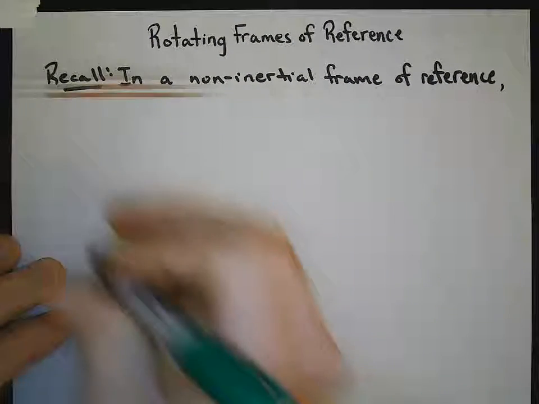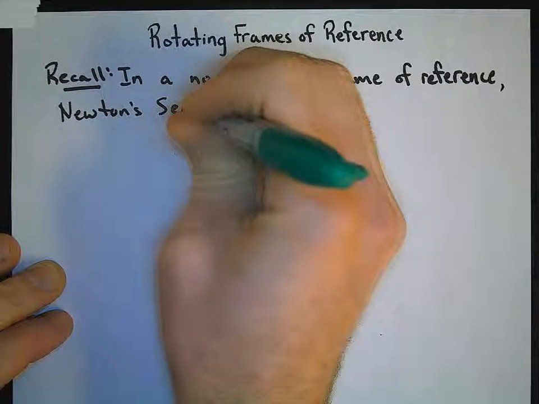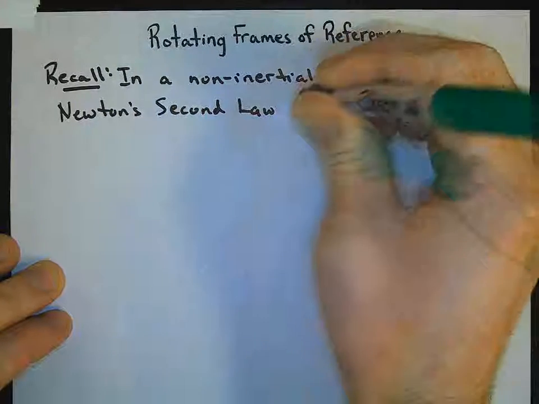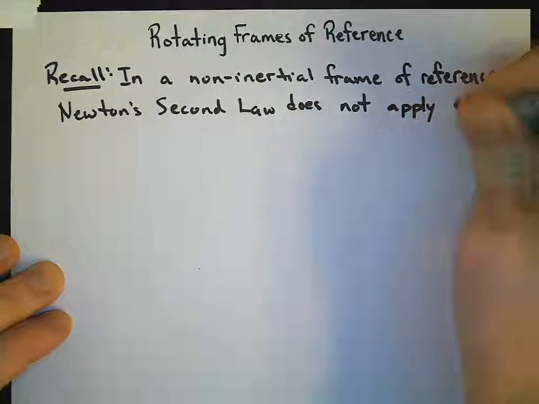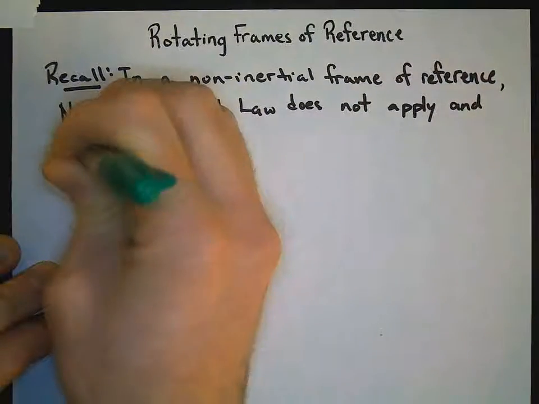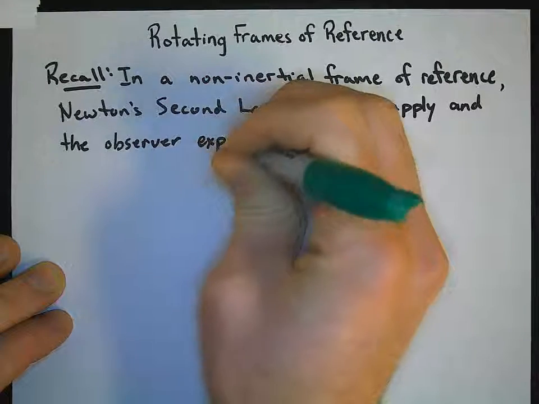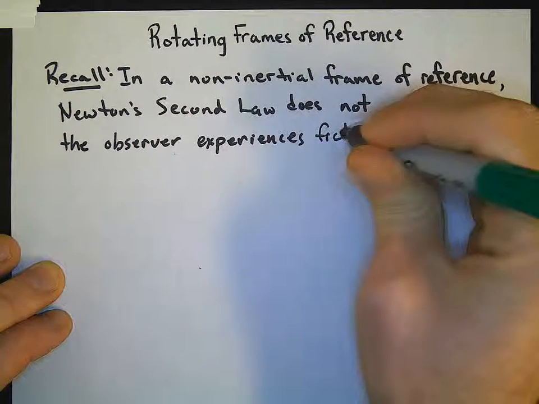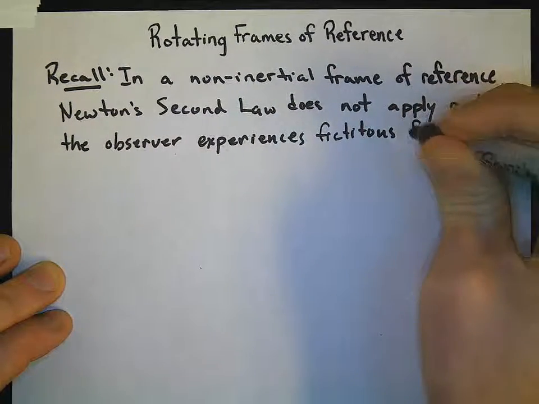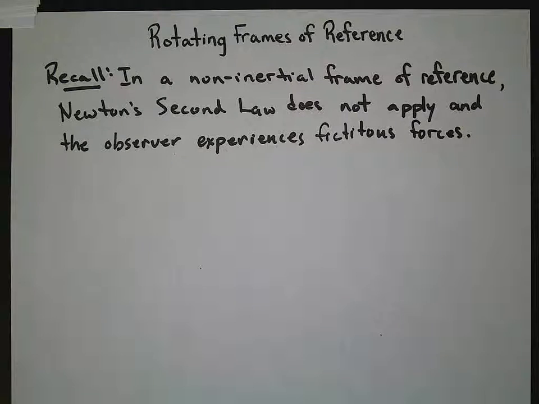We know that when we have a non-inertial frame of reference, Newton's second law does not apply, and therefore the observer will experience fictitious forces, which we use to describe the motion in a uniform circular motion, but they don't actually really exist.